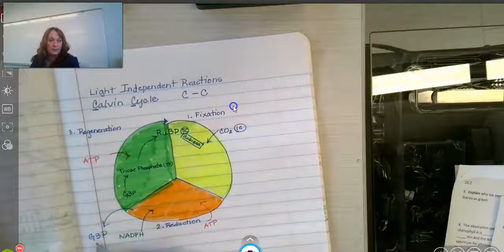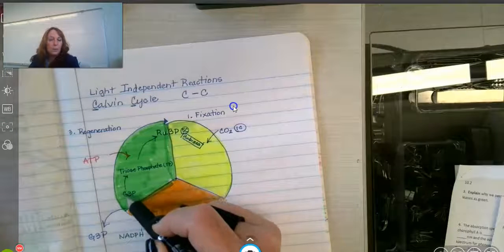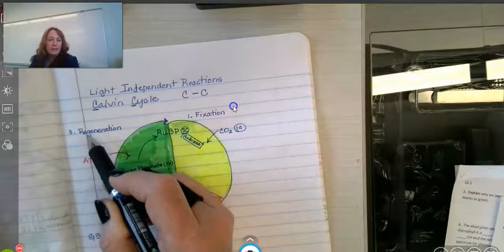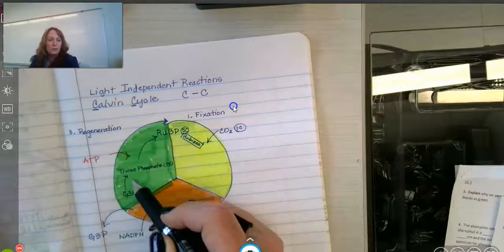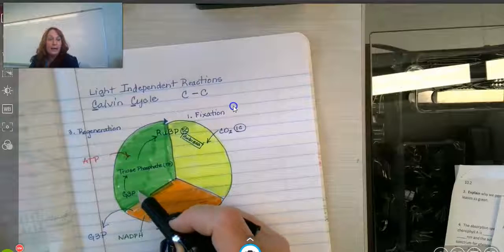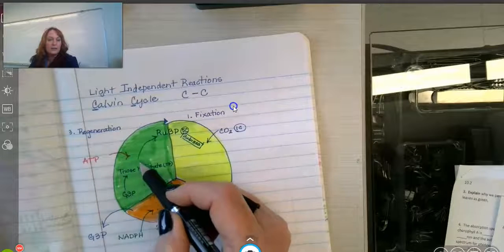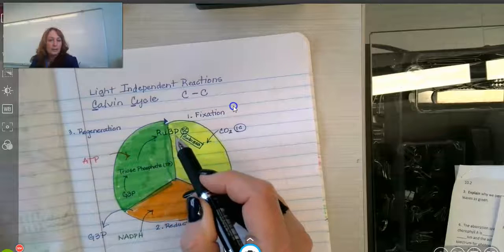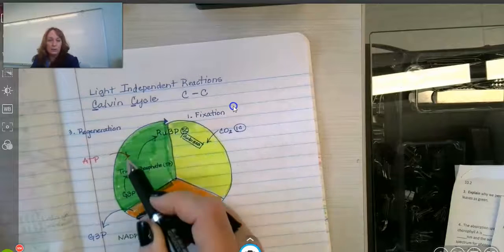We can make anything from it. Then we have another set of, hey, it's a cycle. Shouldn't you go back to what you started with? Oh yeah, my bad. Glyceraldehyde 3-phosphate into triose phosphate into RuBP again. And then we can continue through again.